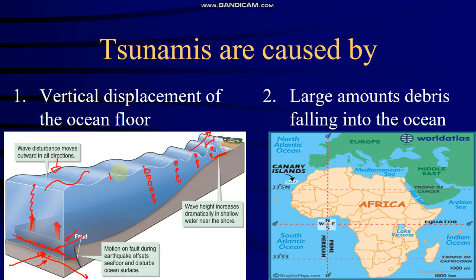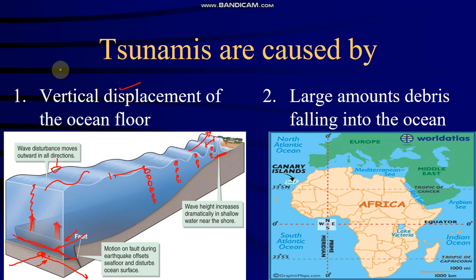Here's the distance between one crest and the next in the open ocean. But as you get closer, the distance between crests shrinks, the wave height increases, and then it topples over. That is one way a tsunami is caused, due to vertical displacement.